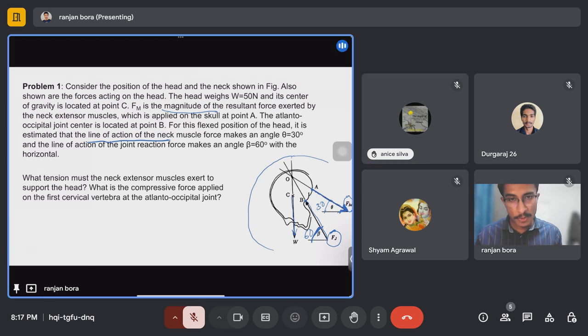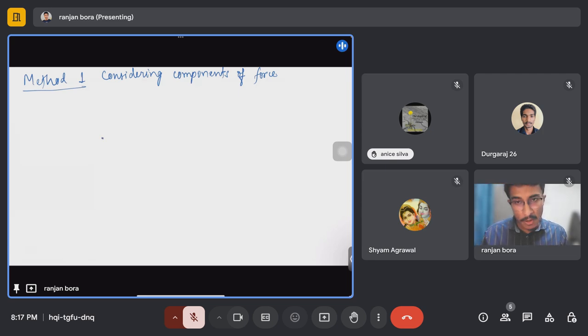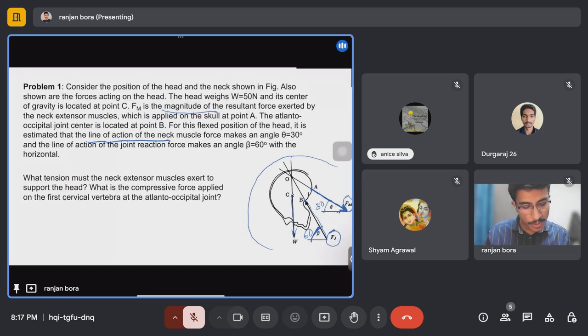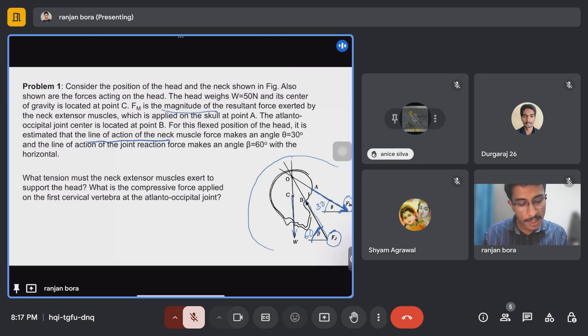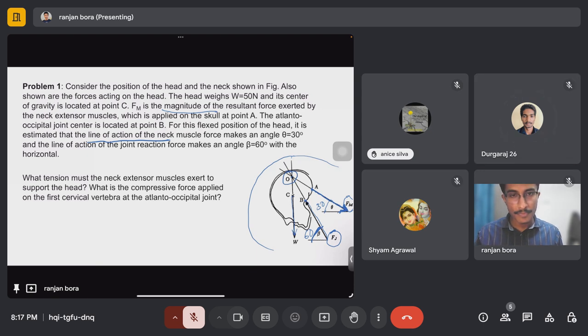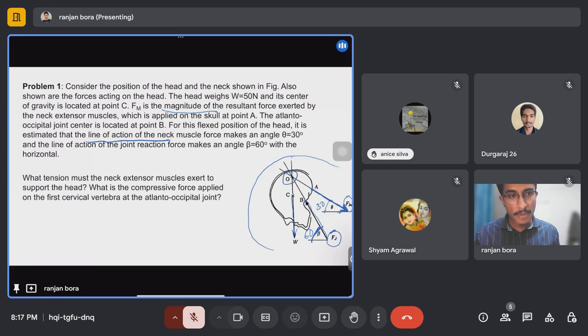Now I will consider these forces in my next slide. See, all these forces are passing through this point O. You can understand this, right? And these forces W, then Fj, then Fm, all are passing through point O. So we will take point O as our reference point.